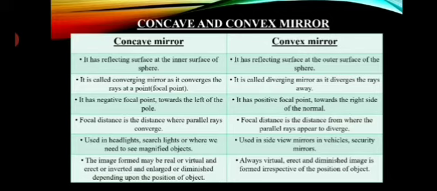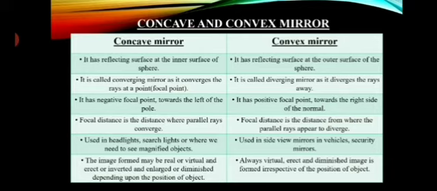You can see your image, but you cannot obtain it over the screen. So the image formed in that case is a virtual image, whereas a real image can be obtained over the screen.